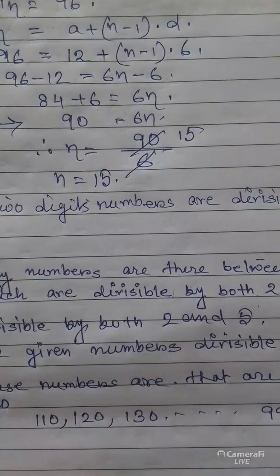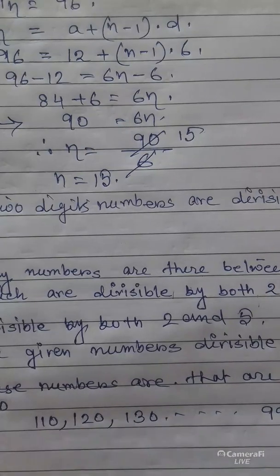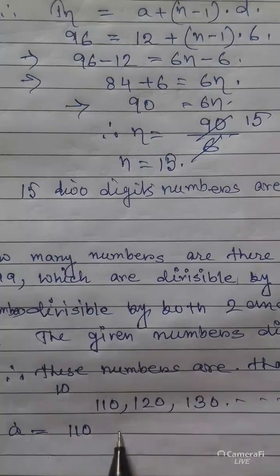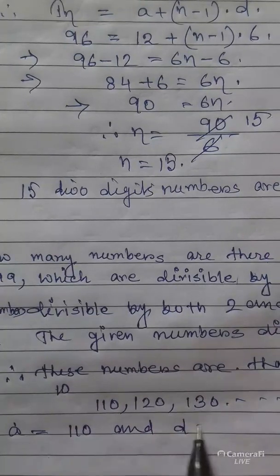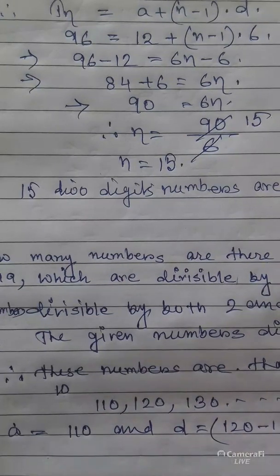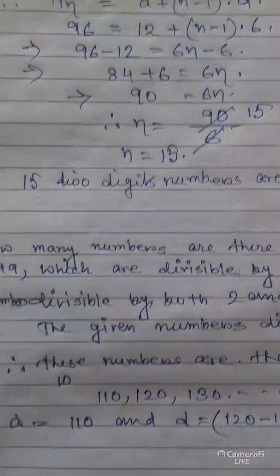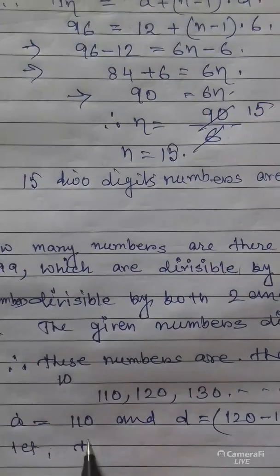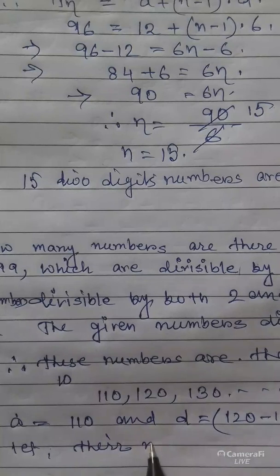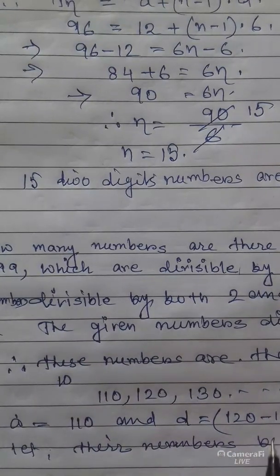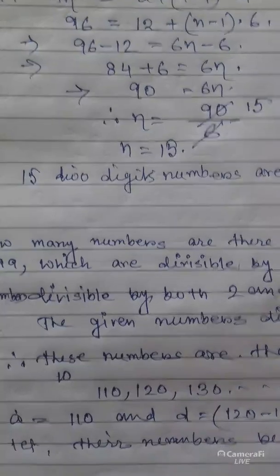So the first number here a equal to 110 and d equal to 120 minus 110 means 10, and let the number of terms be n.